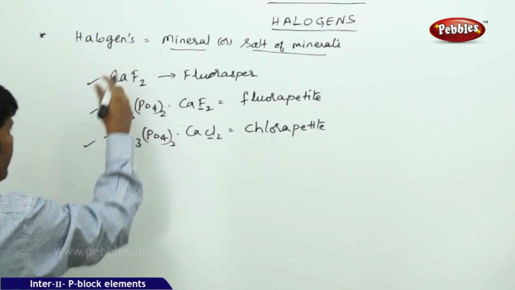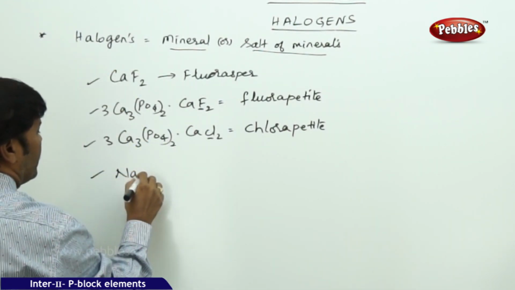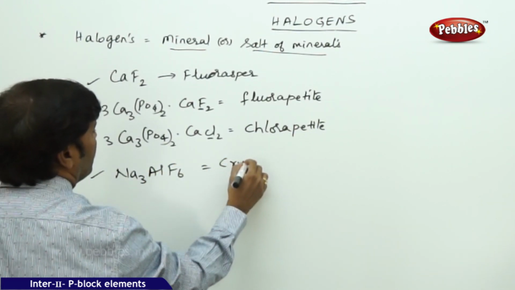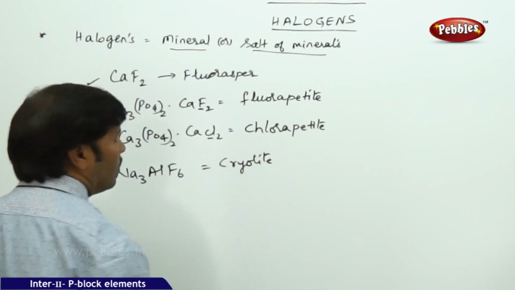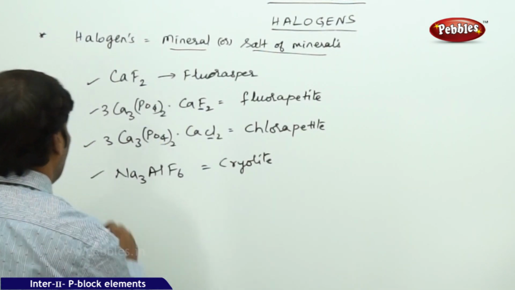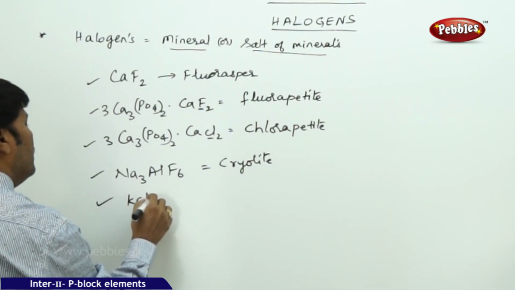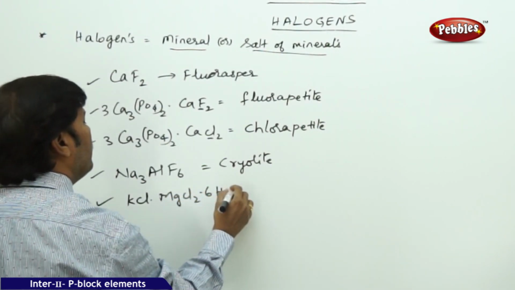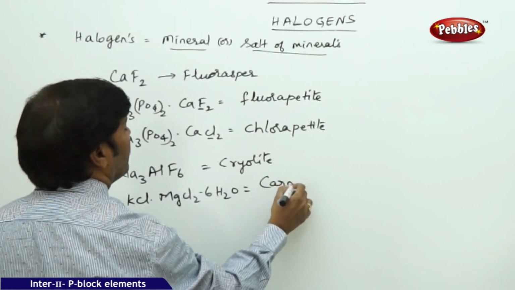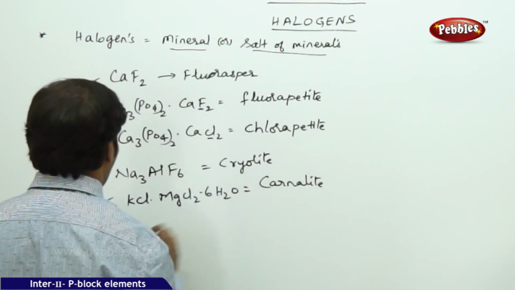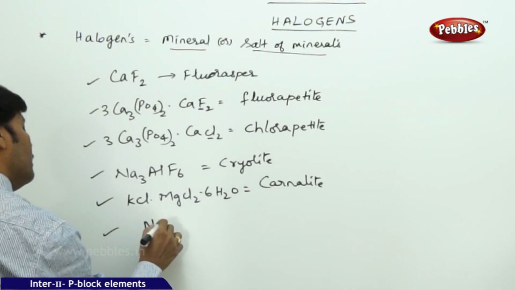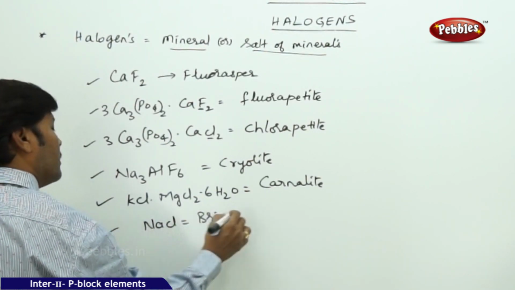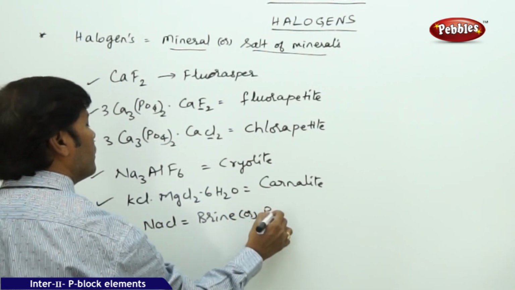For fluorine, Na3AlF6 is nothing but cryolite, which is an important mineral ore. Then carnallite, KCl·MgCl2·6H2O. Then NaCl, which is brine solution, called brine or rock salt.